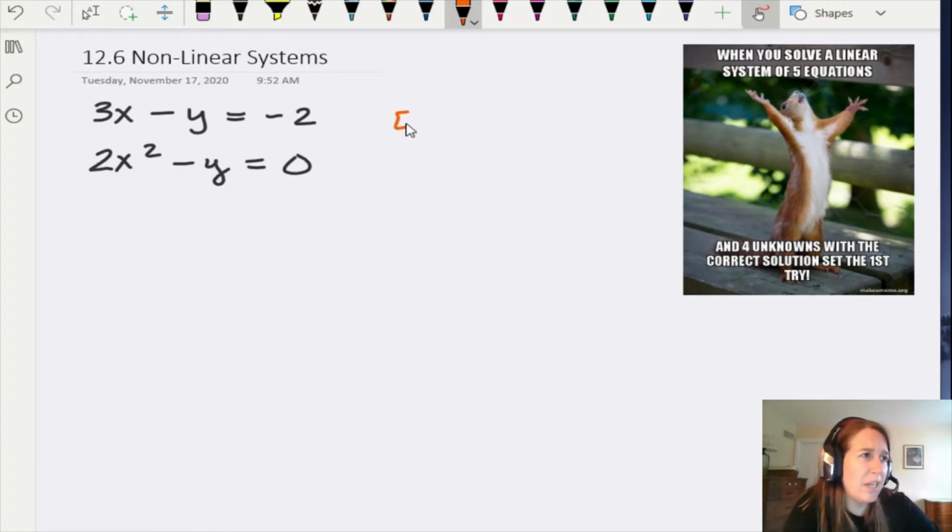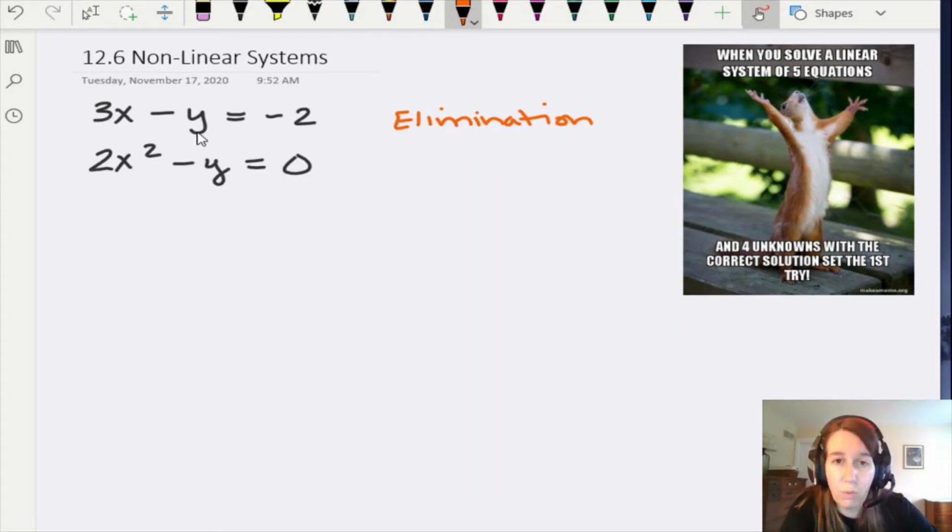We're going to use elimination. I think this problem, if you think about it, you could use substitution or elimination quite easily, right? Because these y's are also easy to solve for. If you use substitution, you would just solve for one of the y's and plug that into the other equation. That would be really easy too.